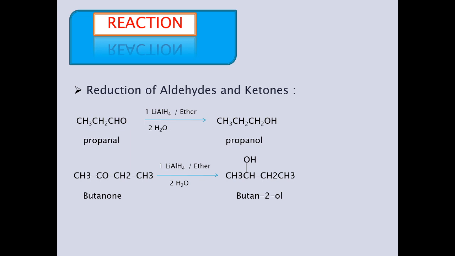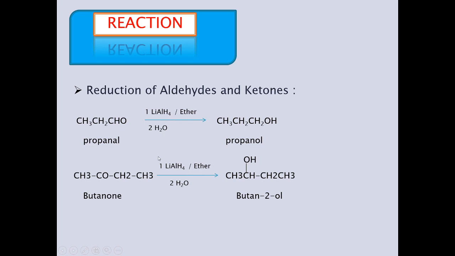It is useful for the hydrolysis reaction and formation of the primary alcohol. The name of the product is propanol. Here the aldehyde is converted into a primary alcohol in the presence of lithium aluminum hydride.